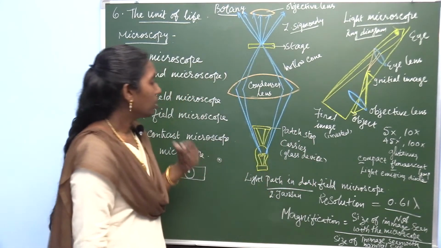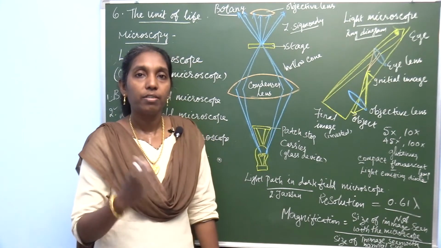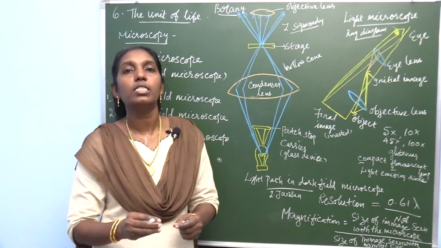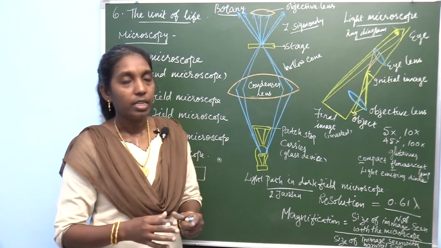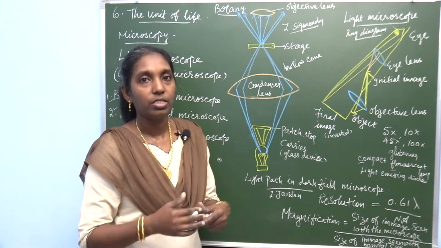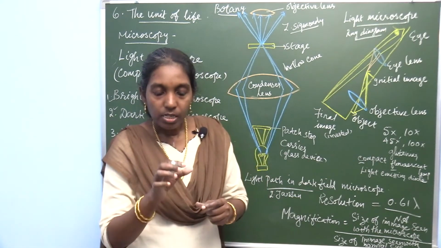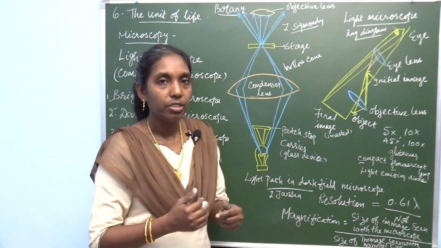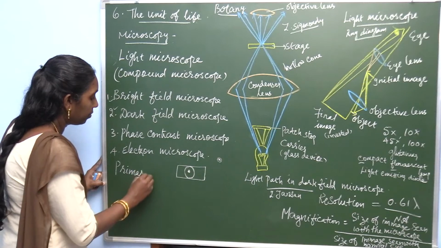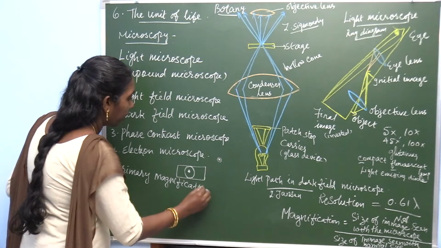Then the bright field microscope, that is the light microscope, focuses directly on the object. The light is focused directly to the object, and there are 2 different images it forms, the primary magnification and the secondary magnification. First the objective lens magnifies the image, that image is called the primary magnification.